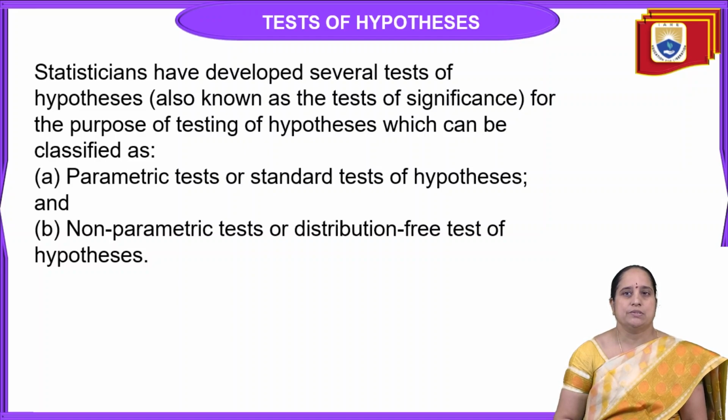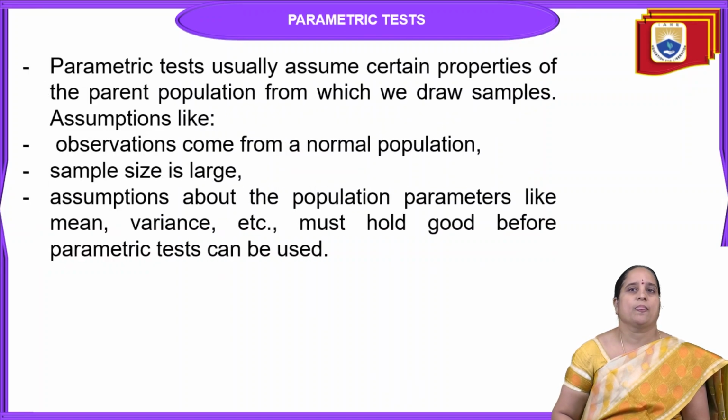For the purpose of testing hypotheses, we classify these tests as parametric and non-parametric tests. A parametric test is also known as a standard test of hypothesis, whereas a non-parametric test is considered a distribution-free test of hypothesis.